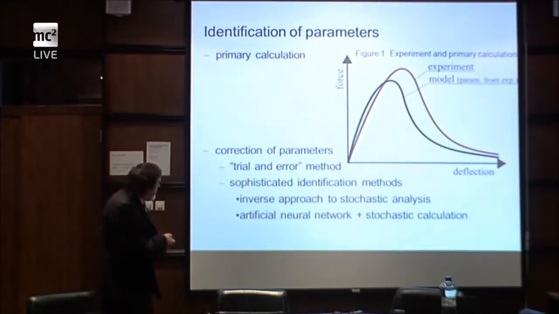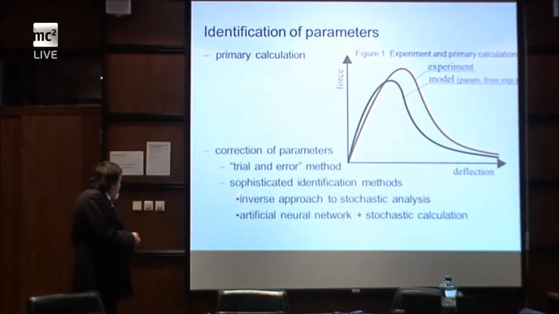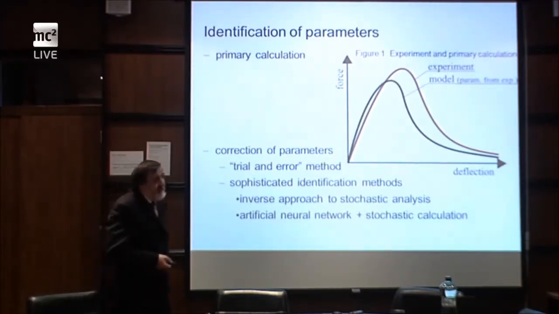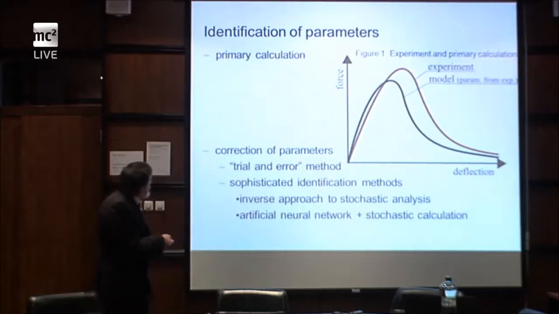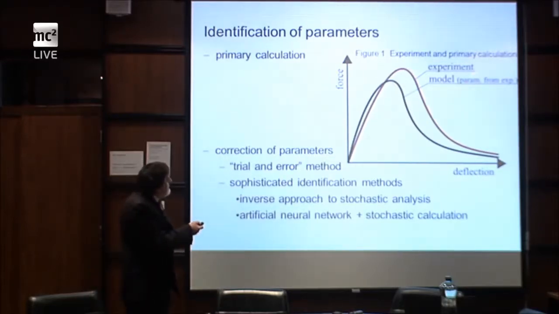This is what we typically do, but there are actually sophisticated identification techniques which can be applied to update parameters to improve our model to be closer to the experiment.